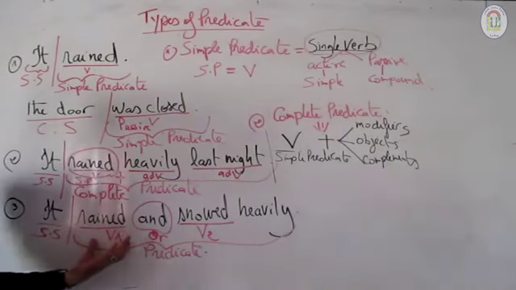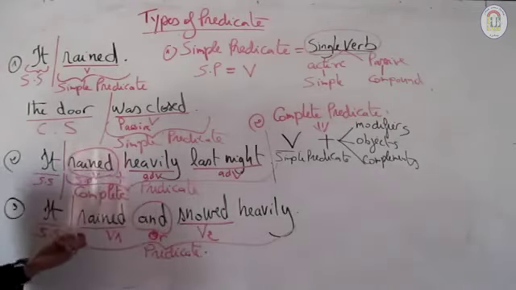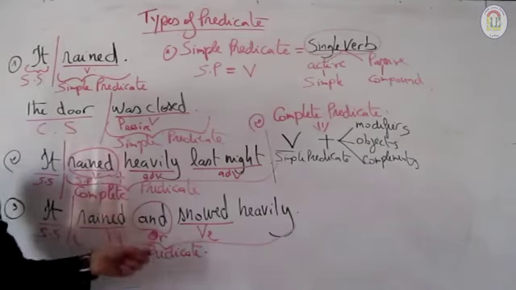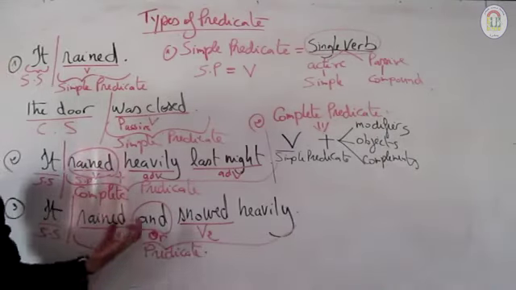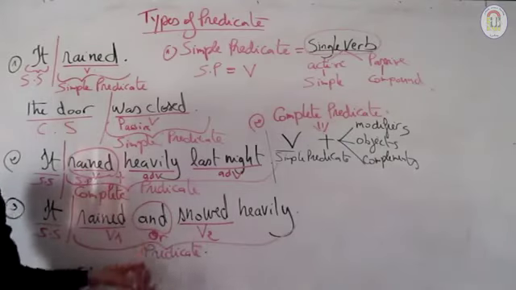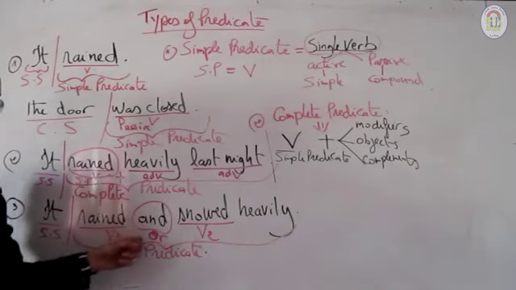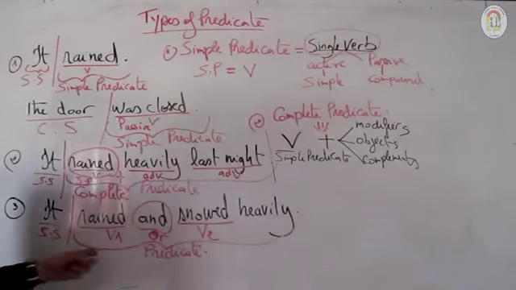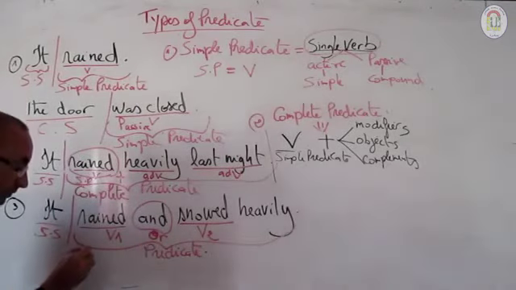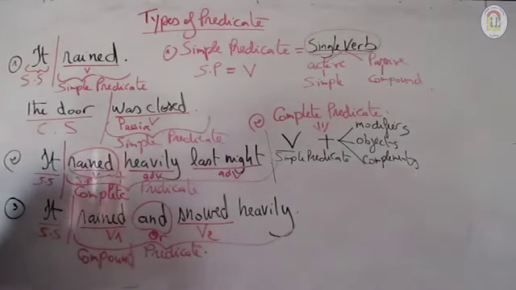Now in this case, when I have in my predicate two or even more verbs, like when I say it rained, snowed and thundered, for instance, three verbs here, heavily. When I have two or more verbs joined by one of these conjunctions, usually and or, the whole predicate is called compound predicate.